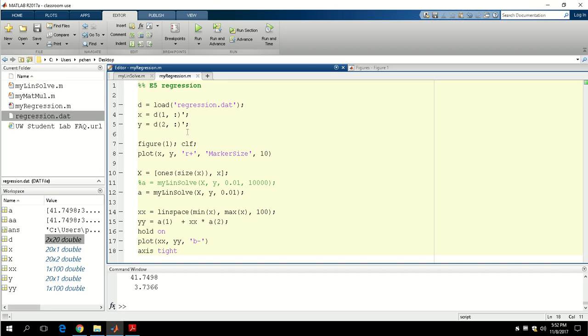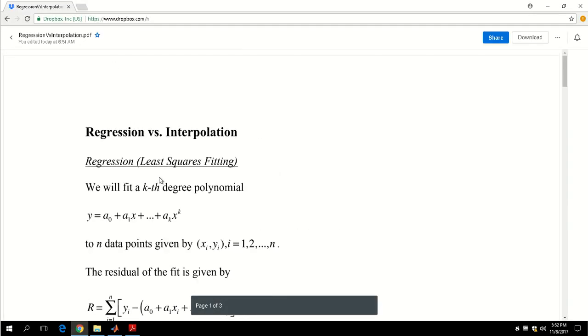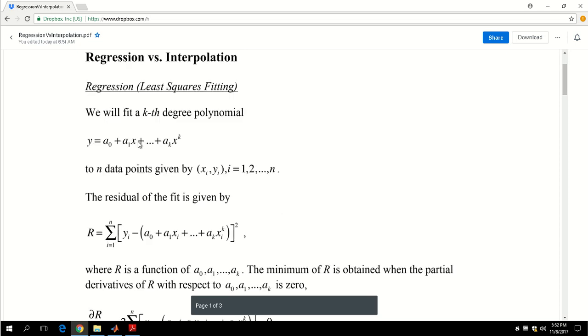But you can play with this particular code, right? For now we're just fitting one term, the first order term, right? So it's going to be just a straight line. Suppose we want to fit a second order polynomial to it, so you can add another column to the X matrix, right? Suppose we want y equal to a0 plus a1x plus a2x squared.